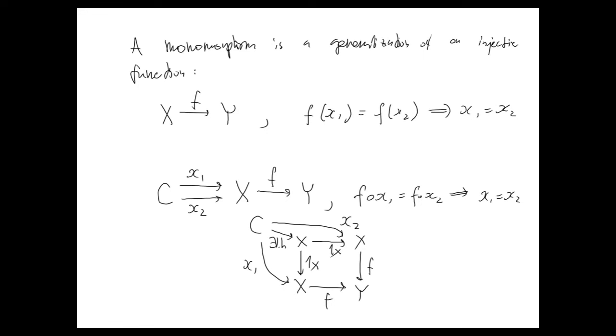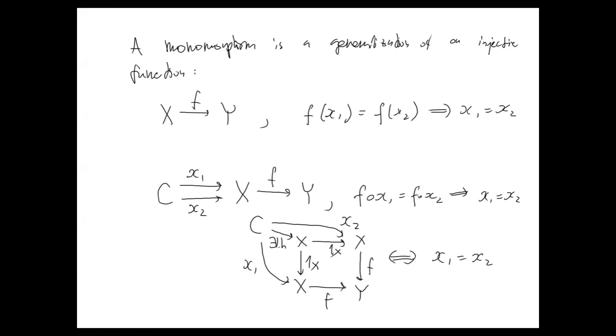This map will be unique because it's uniquely determined by already x1, because I've got an identity map here. So saying that this h is unique is basically saying that this diagram is a pullback. This diagram is a pullback. Is saying that f is a monomorphism. In this specific case, it's the same as saying that x1 equals x2.